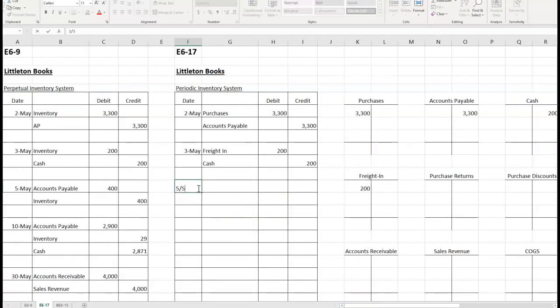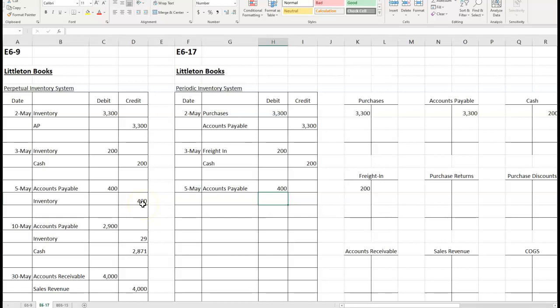May 5th. This is where we returned books. So in a perpetual system, we debited accounts payable, which we will still do because we owe them $400 less. We credited inventory because it took it out of inventory.